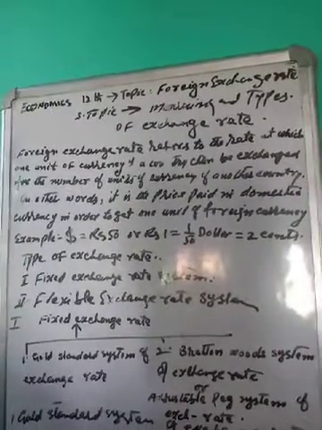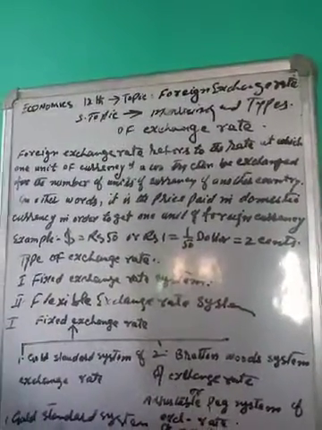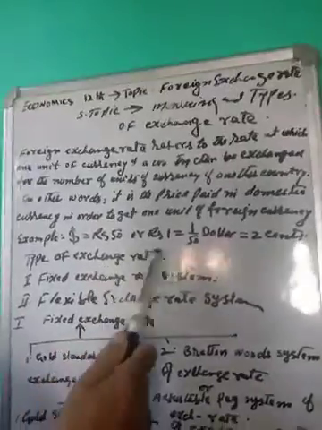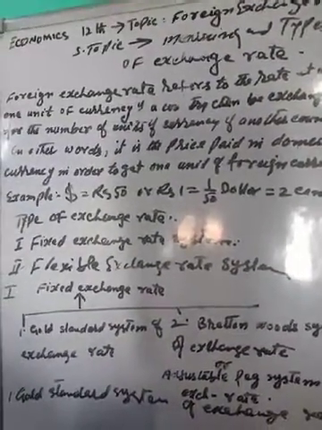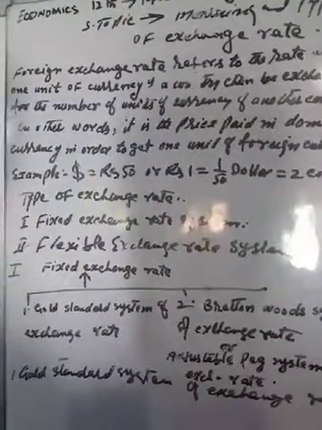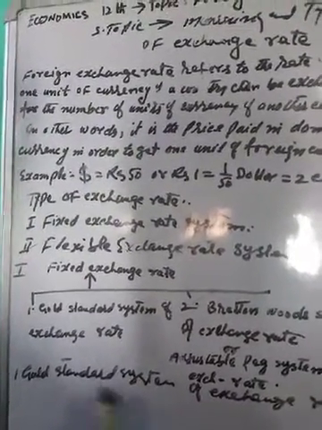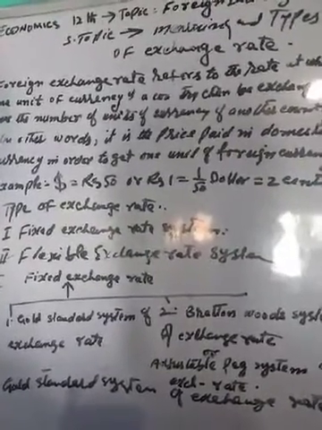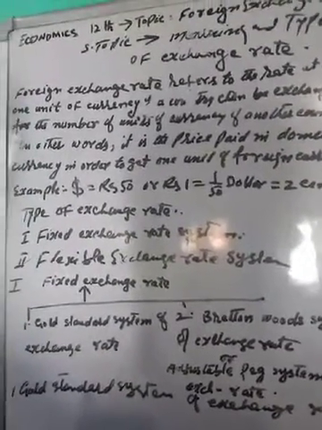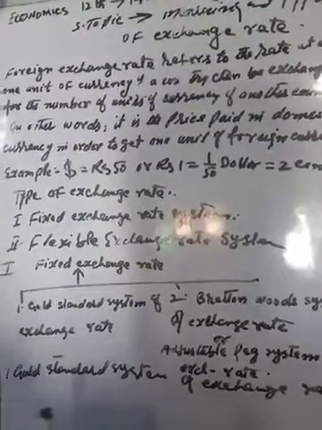Now, what are the types of this exchange rate? There are mainly two types, as far as our macroeconomics syllabus for 12th is concerned. We must know about two systems of this exchange rate.